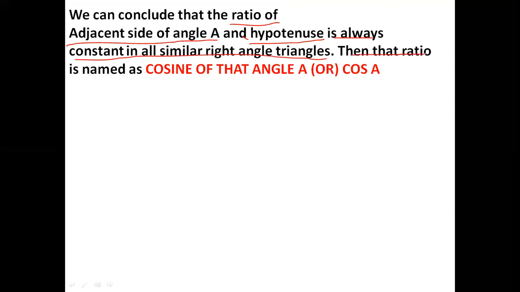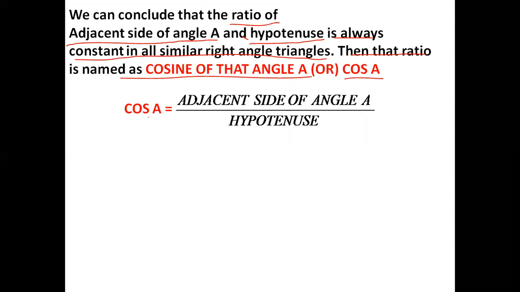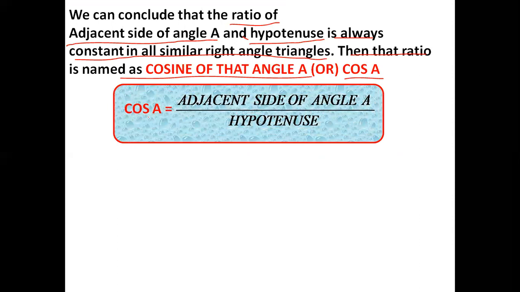Then that ratio is named as cosine of that angle A, or simply write cos A. So cos A is equal to the ratio of the adjacent side of angle A by hypotenuse. So this you have to remember: cos A is equal to the adjacent side of angle A by hypotenuse.